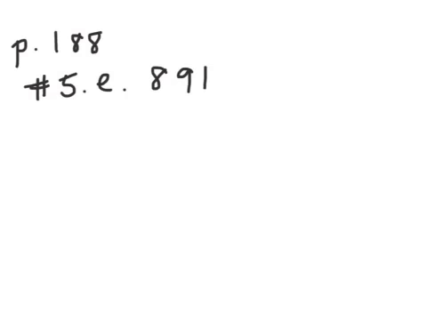Let me do for you the first one, page 188, and this is number 5E. You have 891 atoms of iron, which is Fe, and we want to know how many AMU. So that equals how many atomic mass units.